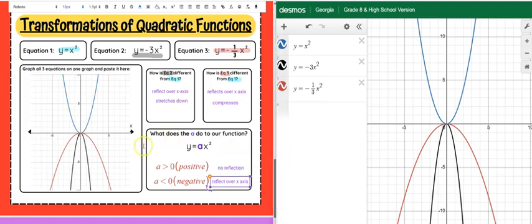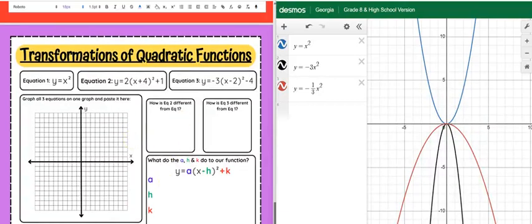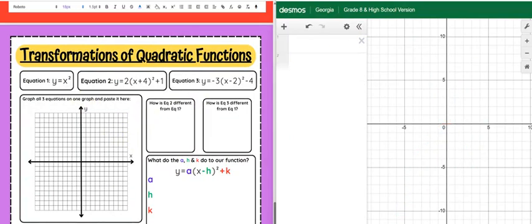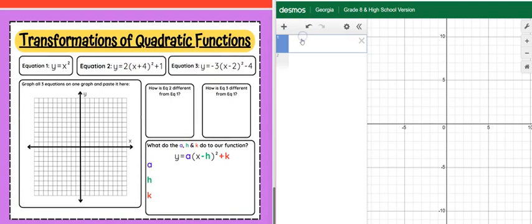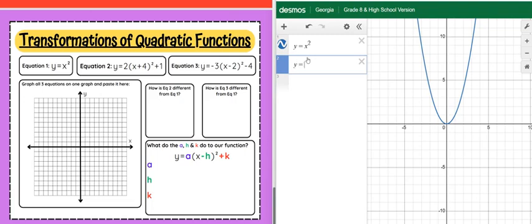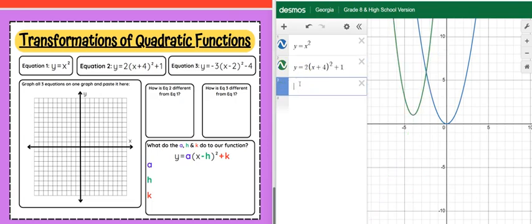All right, so let's put it all together here on our last set of notes. Again, we're going to start off with y equals x squared. We're going to add also y equals 2 times x plus 4 all squared plus 1, and then y equals negative 3 times x minus 2 all squared minus 4.